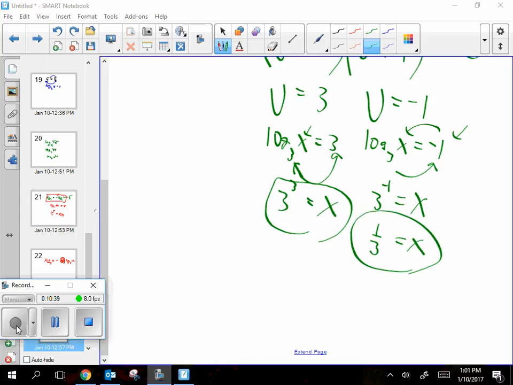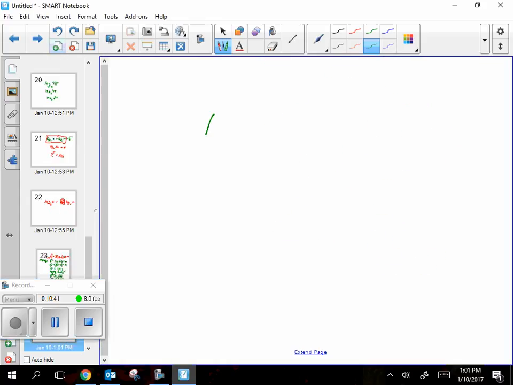All right, some other things to note about logs. If I said, what's the domain of this? Do you remember that x can't be some things? The base is not allowed to be negative, and the base is also not allowed to be 0, and the base, one more thing, can't be what? 1.